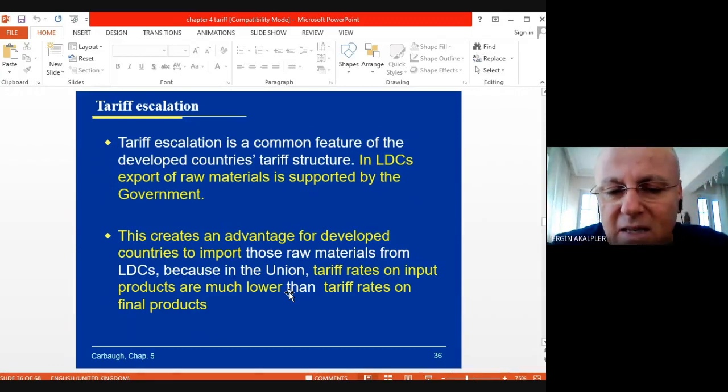This is the reason that rich and large-scale producers enjoy buying or importing this raw material from African countries, because it is highly protective, since in the Union there is almost zero tariff on this kind of product. At the end of the day, this will create more protection for their products.